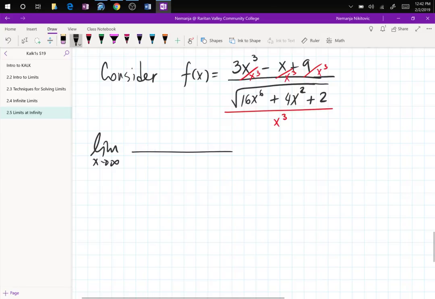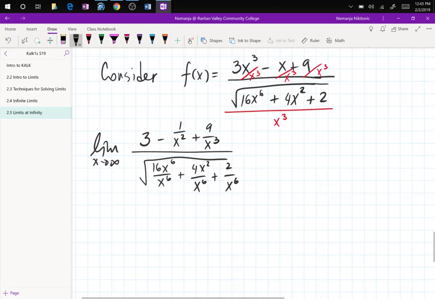On top, what do I have? I have 3 minus 1 over x squared plus 9 over x cubed, and on the bottom I have square root of 16x to the 6 over x to the 6 plus 4x squared over x to the 6 plus 2 over x to the 6.